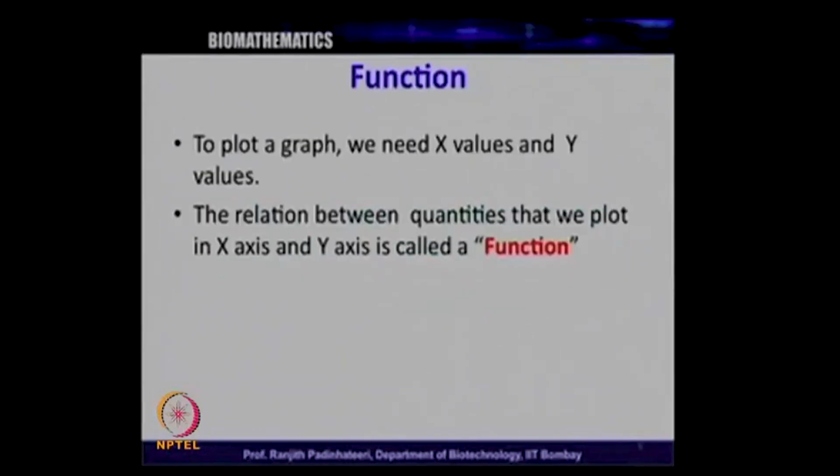As we said before, to plot a graph you need an x axis and a y axis. There is some column which we will plot on the x axis, and some other column which we will plot on the y axis. There is a relation between the quantity on the x axis and the quantity on the y axis.